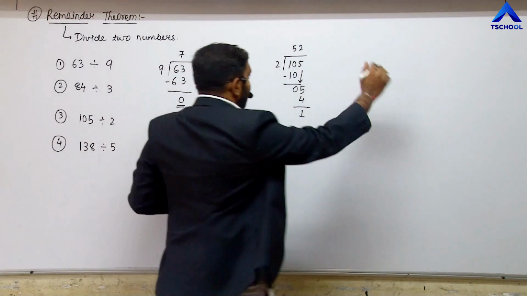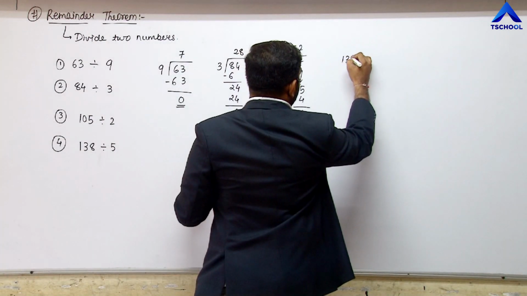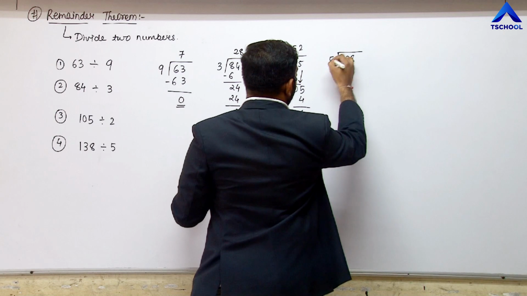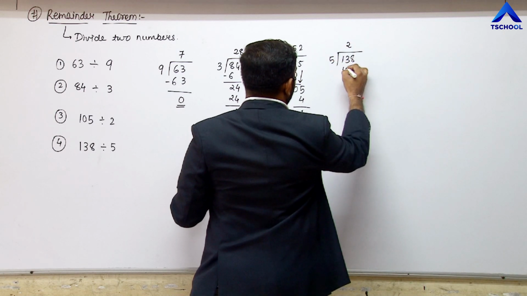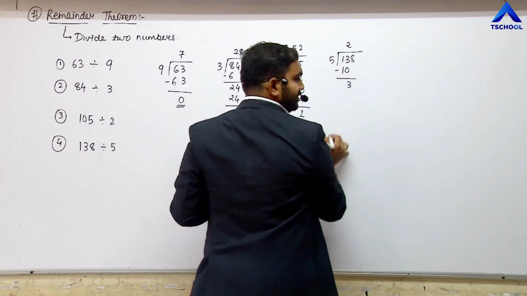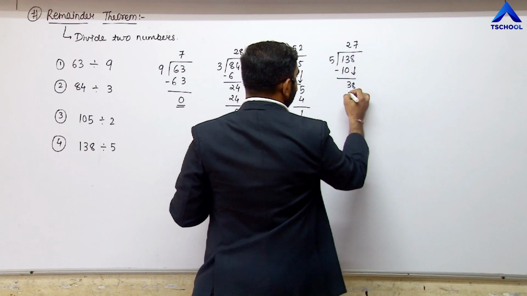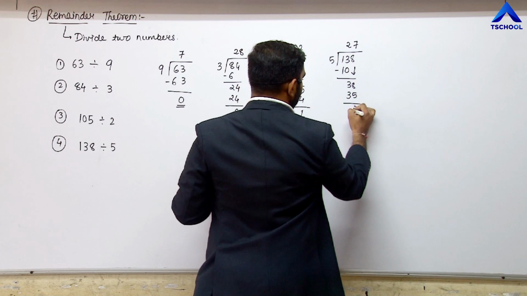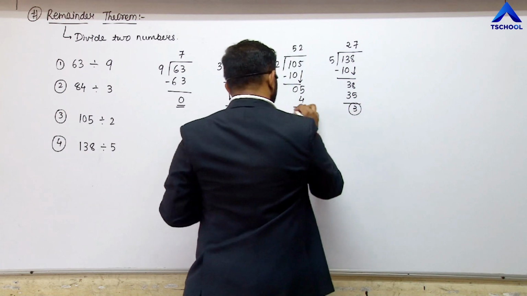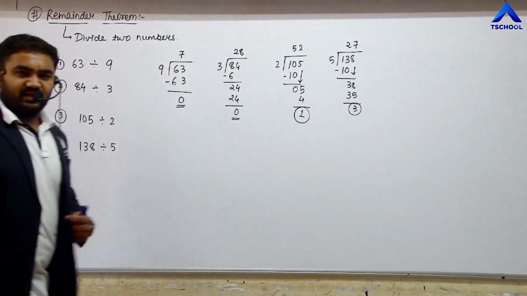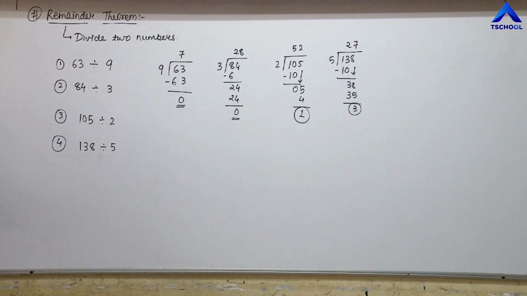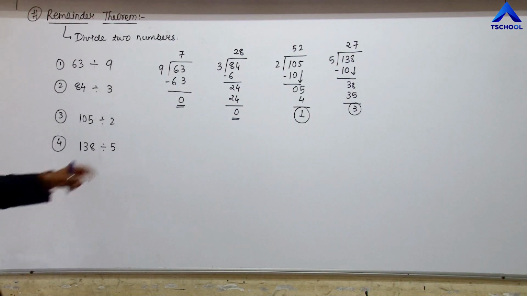Now again I am performing the division: 5 into 2 is 10, subtraction here is 3, this 8 will be brought down, so 5 into 7 is 35, and the remainder is again 3.